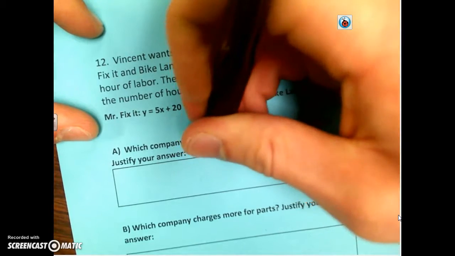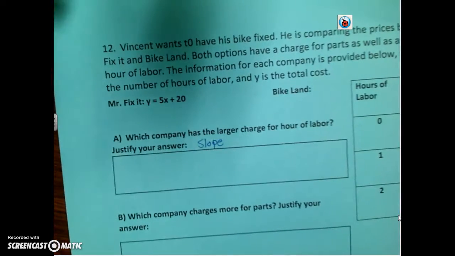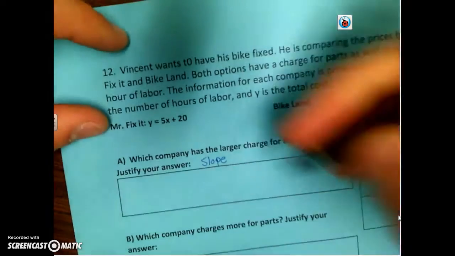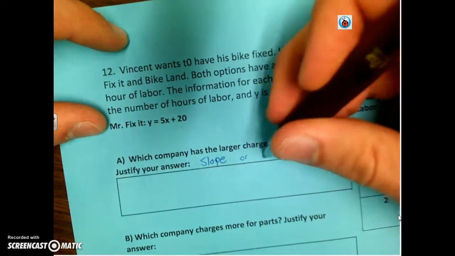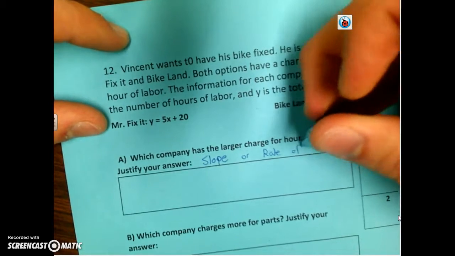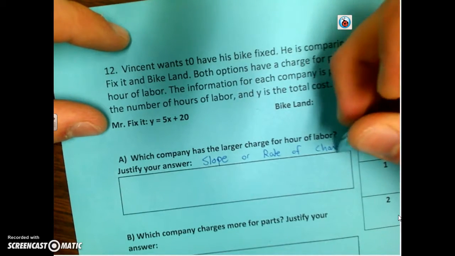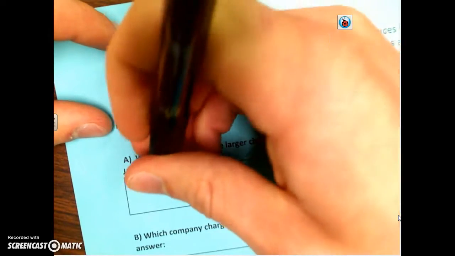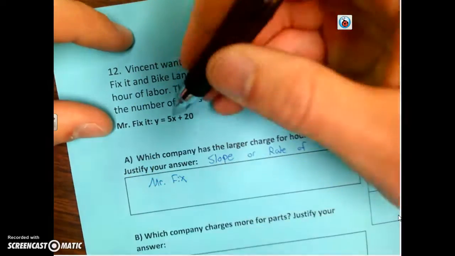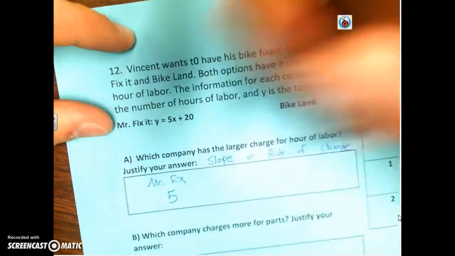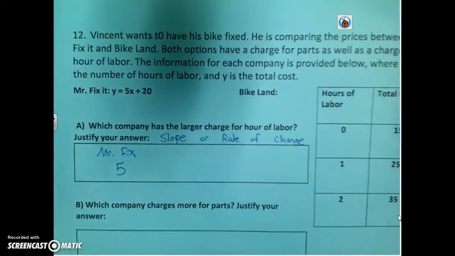Right? This is us looking for slope. Per hour is going to be that rate of change. Looking for that slope or rate of change. So let's compare the two. Mr. Fix-It, we can see he has a slope of 5. All right, but what about Bikeland?